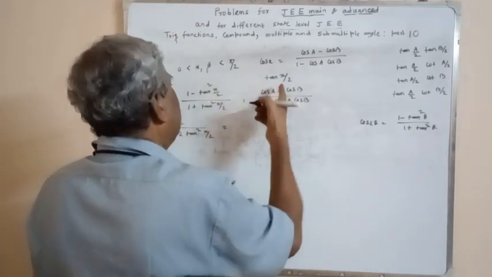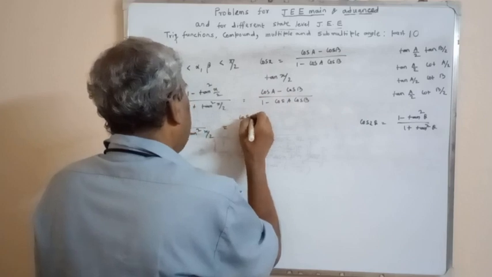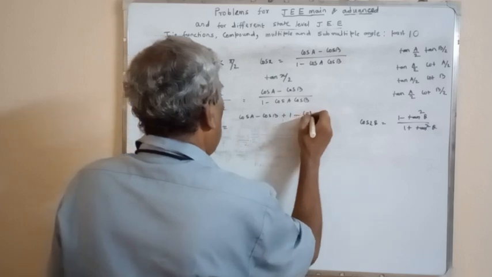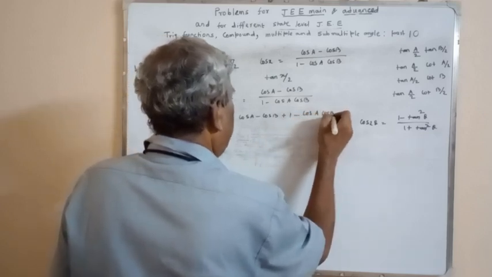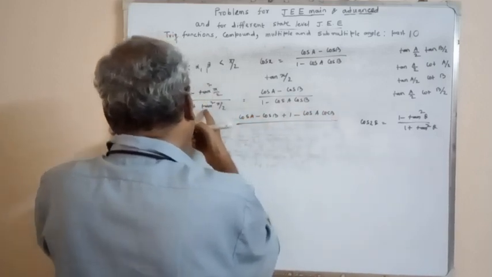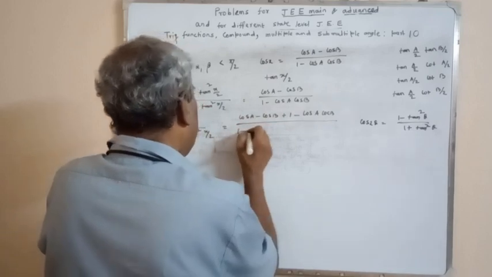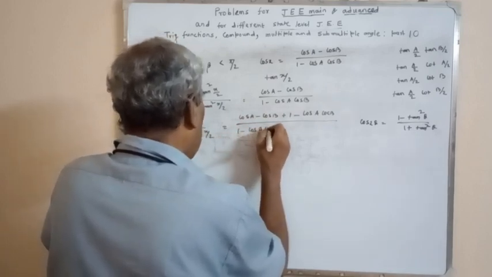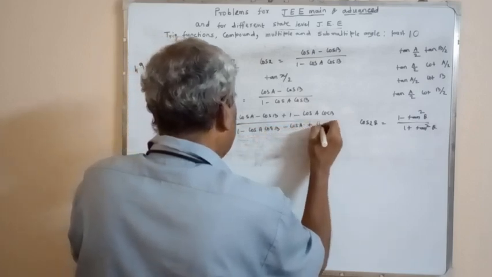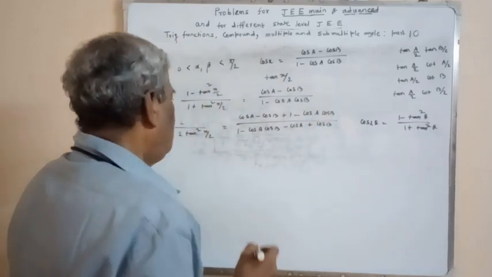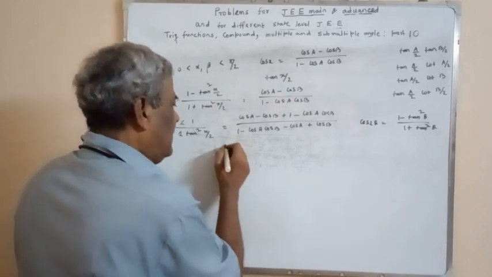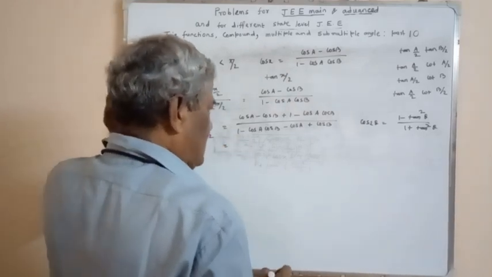cos A minus cos B plus 1 minus cos A cos B by, and in that case this minus that, so 1 minus cos A cos B minus cos A plus cos B. From there 2 cancels, 1 upon that. Here let us try to factorize it.